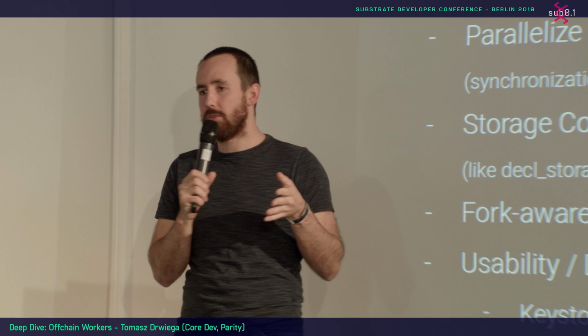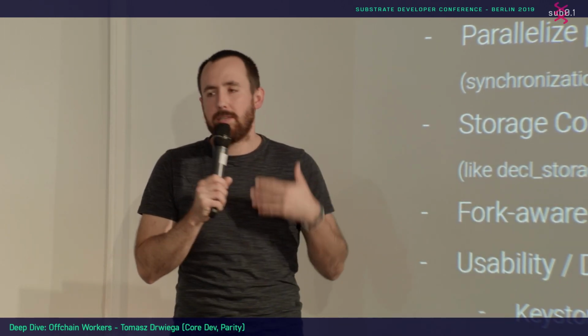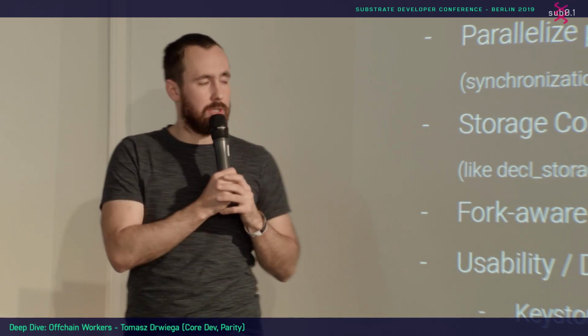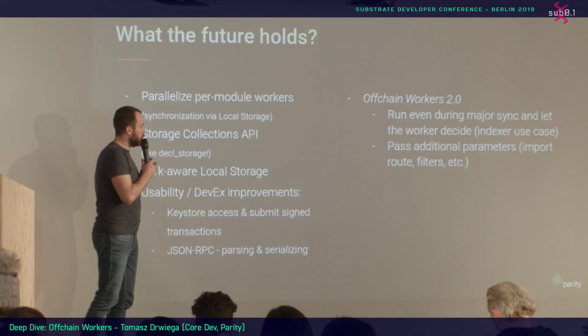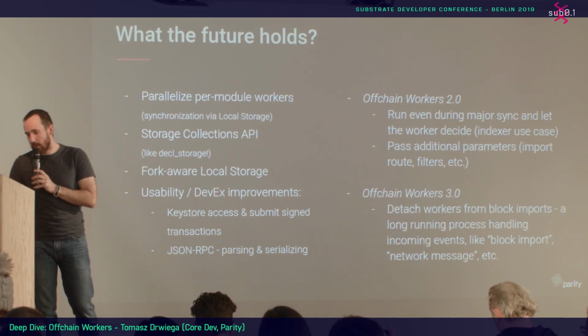Imagine indexers. You want to create this local off-chain database, but you base it on every block that was imported, because there's some information that you need from there. So that's going to be a plan for off-chain workers 2.0.